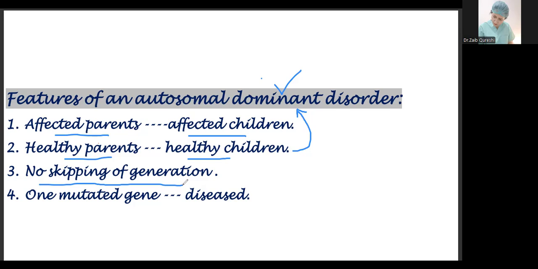Who can tell me what is skipping of generations? Yes, what is skipping of generation? I will definitely show you this phenomenon in the pedigree charts, but I want you to tell me your understanding of this line, skipping of generations.